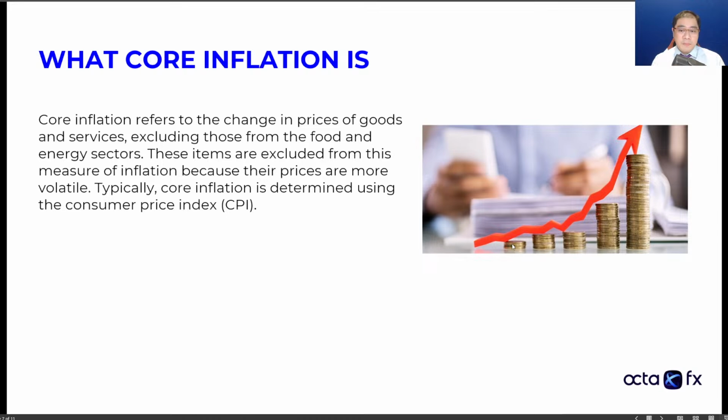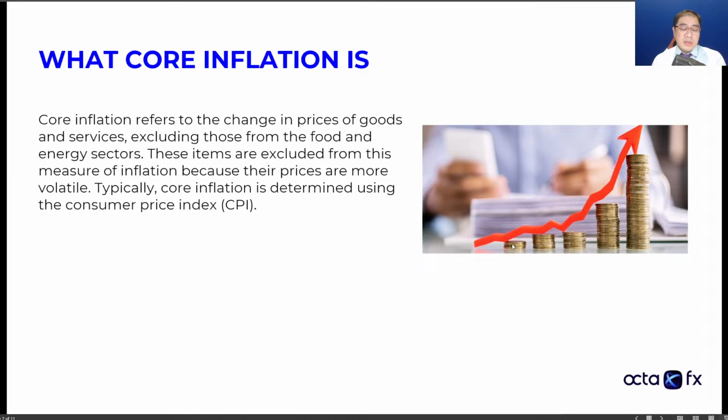I'm not particularly sure about how the US calculates this and what food contributes to the actual core CPI, but some foods are actually included in the core CPI nowadays, and that's something that we need to focus on.